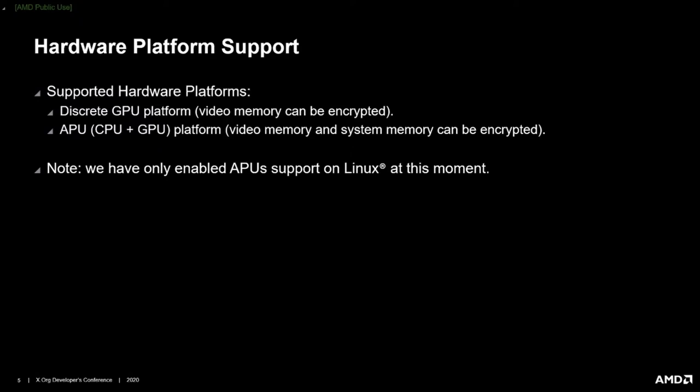That's because the discrete GPU engine is unable to encrypt the system memory on unknown CPU platforms. So the trusted memory zone can only set up the video memory on discrete GPU platforms. However, in integrated GPU platforms, which is actually the APU platform, both the video memory and system memory are able to be encrypted.